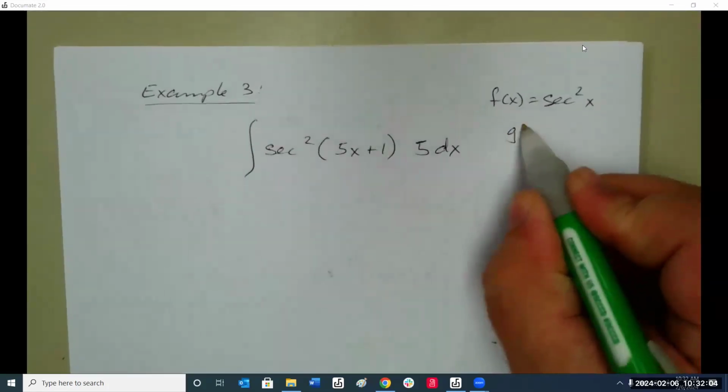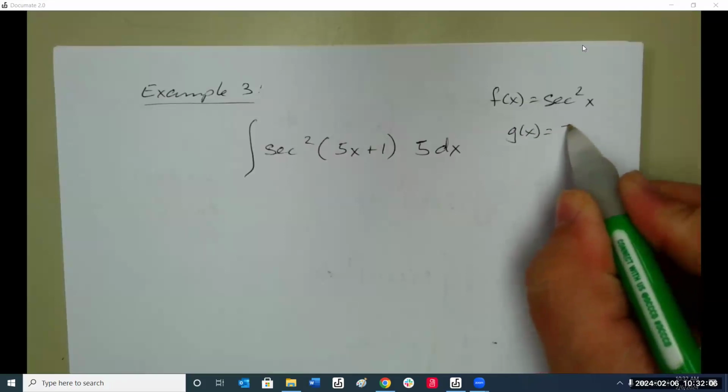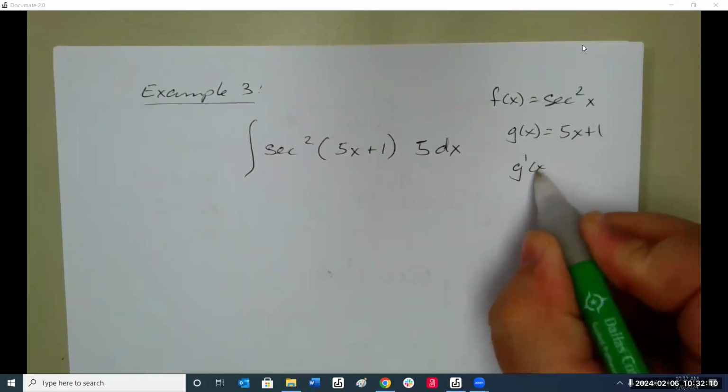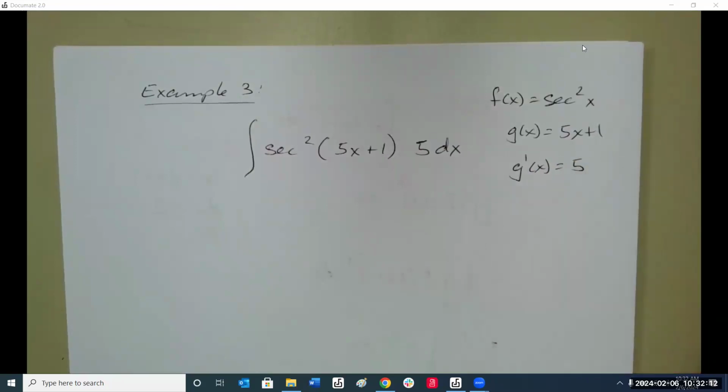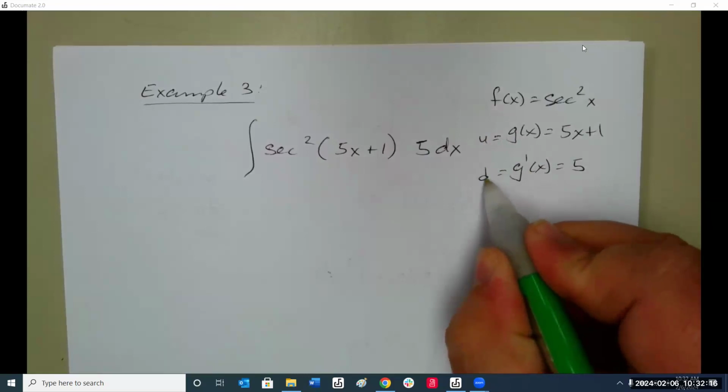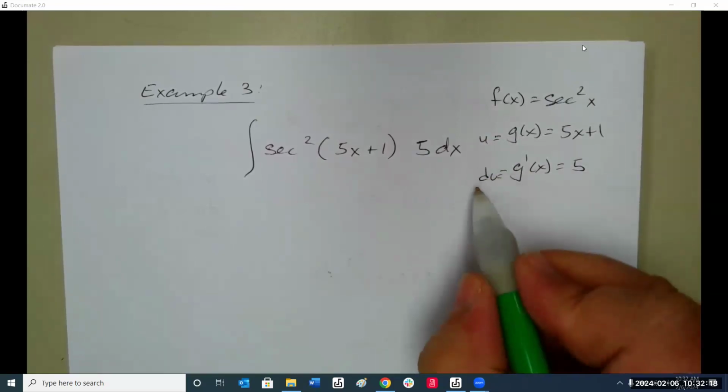And g of x is 5x plus 1, and g prime of x is 5. Remember, this is u, this is du, dx.